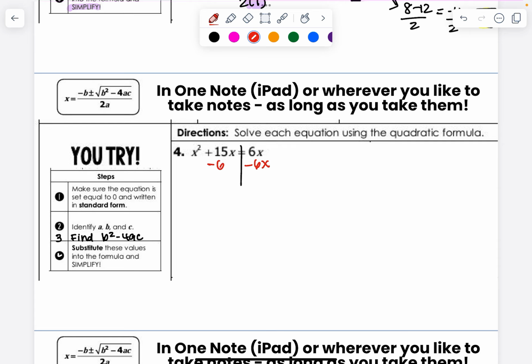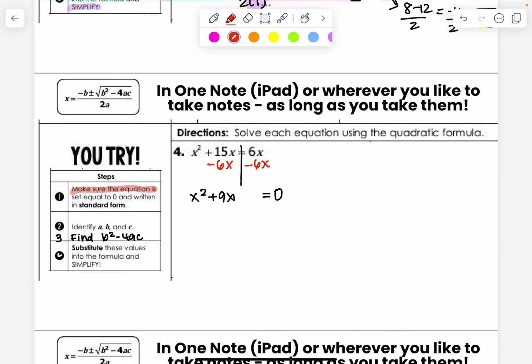X's with x's, so I'm going to write it right under 15x. I'm not going to put it under x squared, but I'm going to combine these terms. That leaves me with x squared. 15 take away 6 is 9x. And there's no constant term, so I could write plus 0 equals 0, or a lot of times people just leave it like this. Step 1, complete.